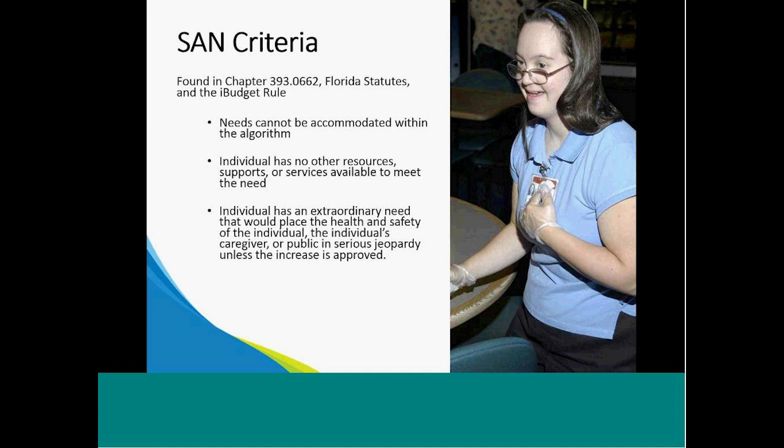So one of the things is an extraordinary need that would place the health and safety of the client, caregiver, or the public in immediate serious jeopardy unless the increase is approved. And you'll see the immediate serious jeopardy language in several places throughout both the rule and the statute.